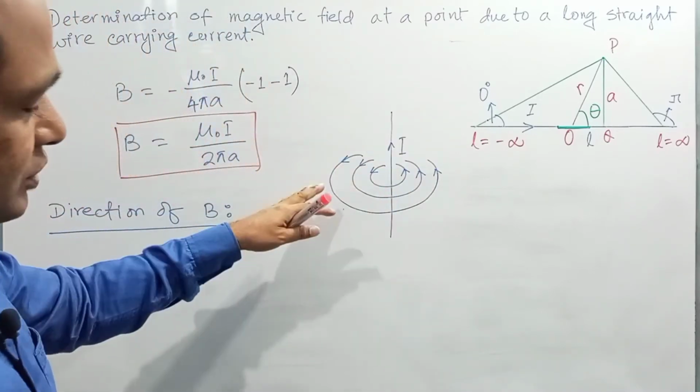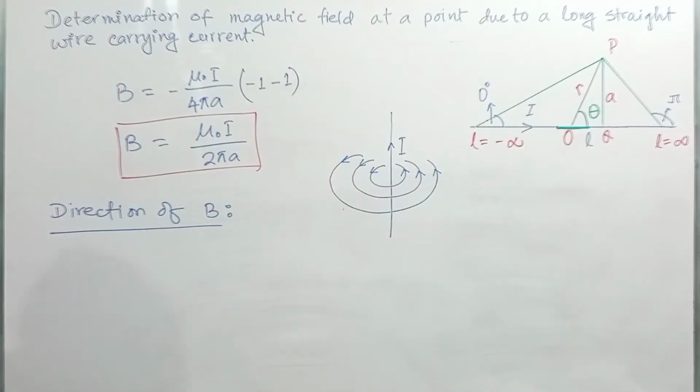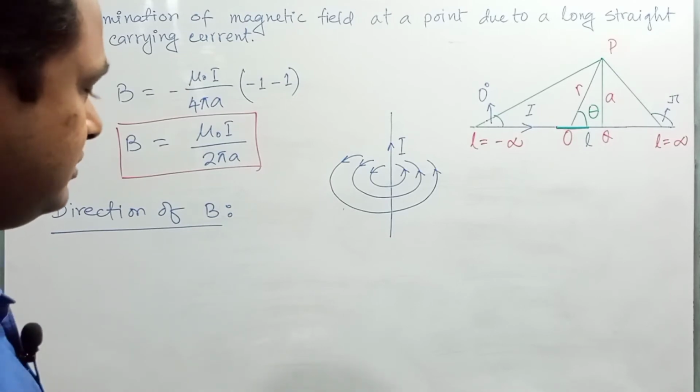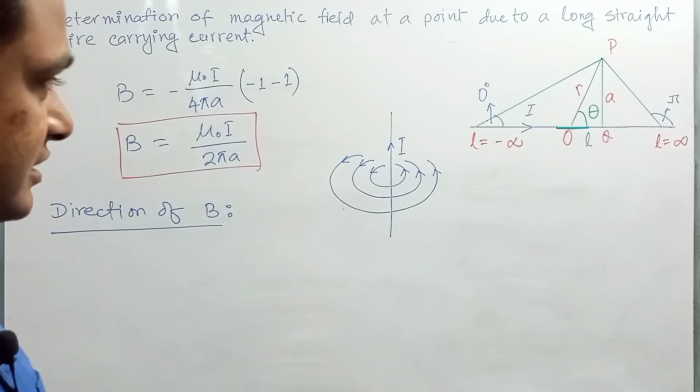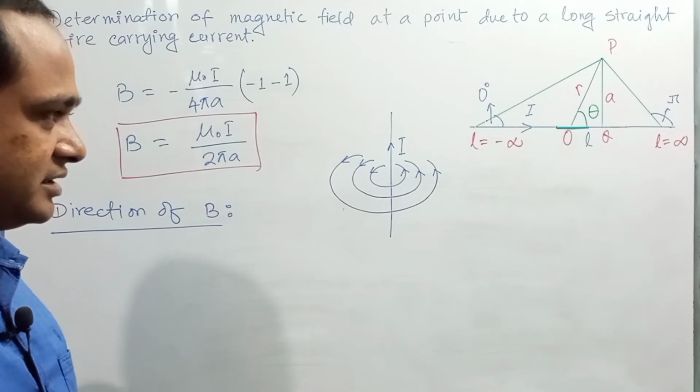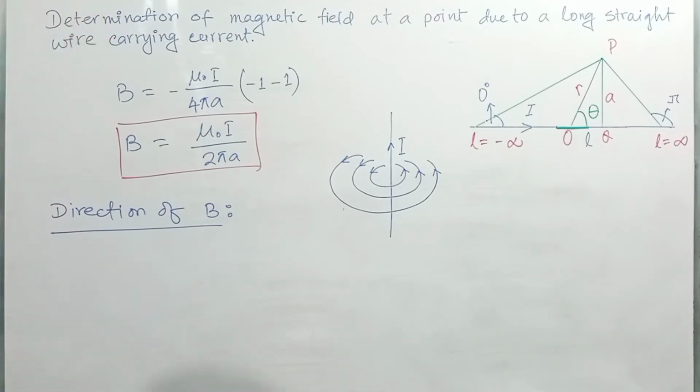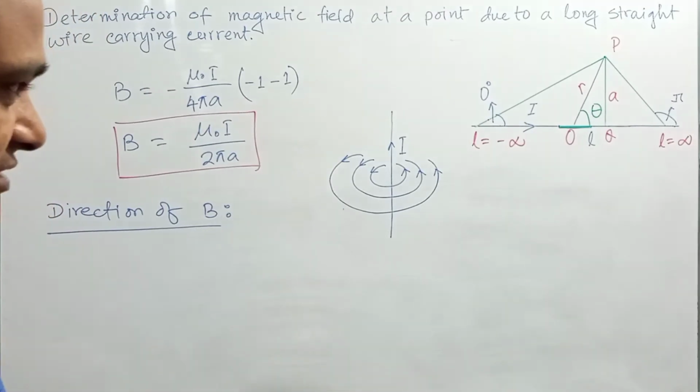Okay, I hope you realized it. Here we can see an animation to realize the direction of the magnetic field due to a current carrying conductor. I hope it will help you to understand it.